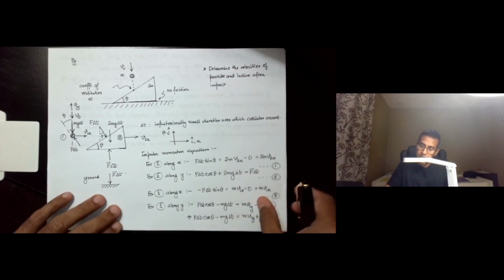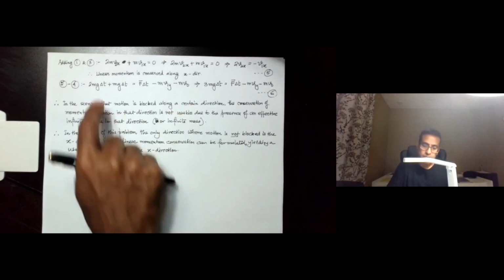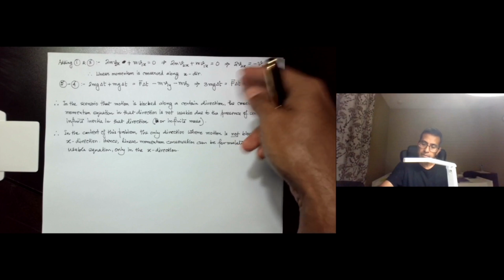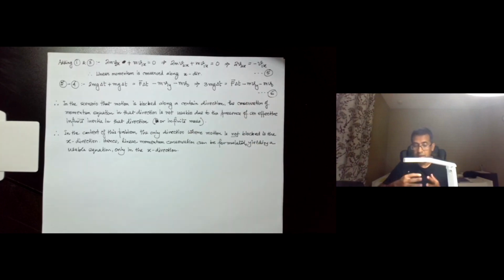We started with impulse momentum equations, and we showed that the conservation of linear momentum equation can be written for the horizontal direction, whereas for the vertical direction we see that there are some unknown impulses that will show up in the linear momentum impulse equation.